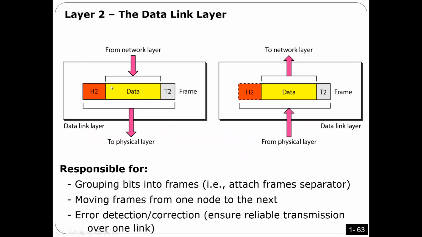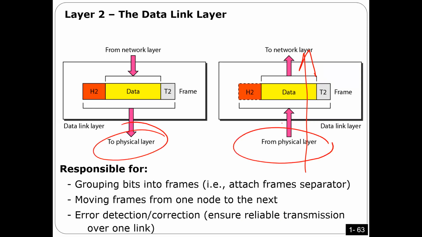The next layer, number 2, is also a layer we are going to focus on. It's a very important layer. In layer number 2, when you receive bits from the physical layer, the first thing you have to do is create frames.